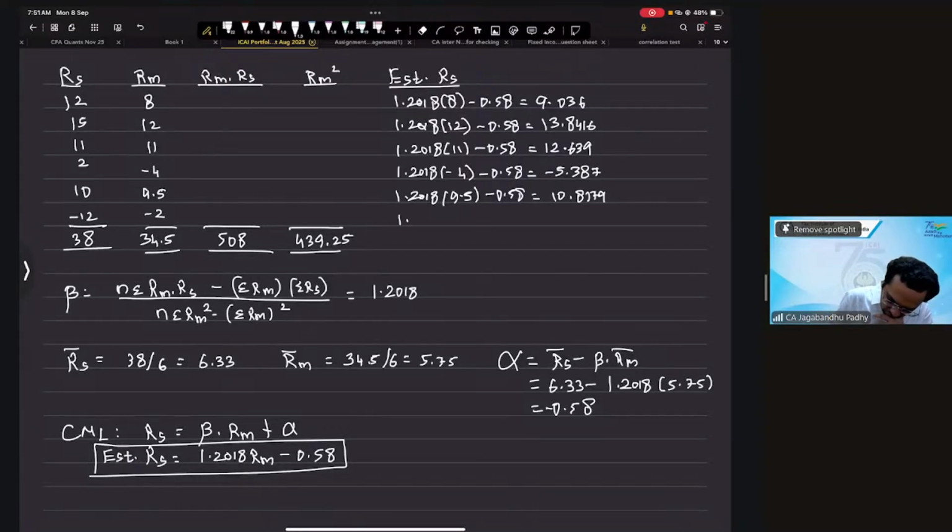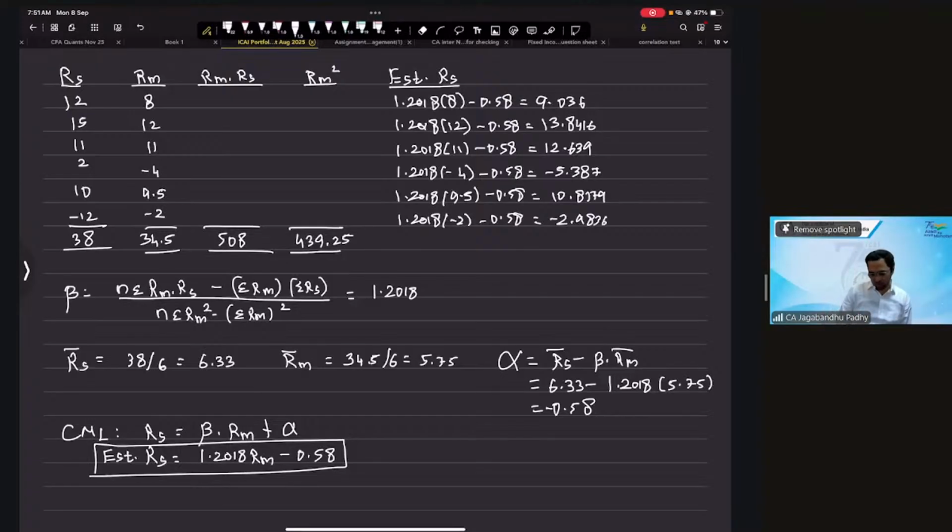Then we have 1.2018 into minus 2 minus 0.58. What is this number? Minus 2.9836.